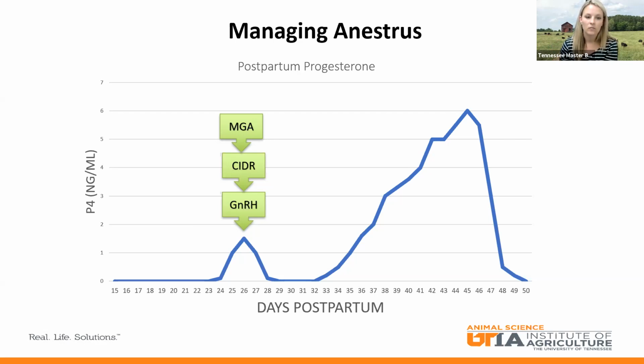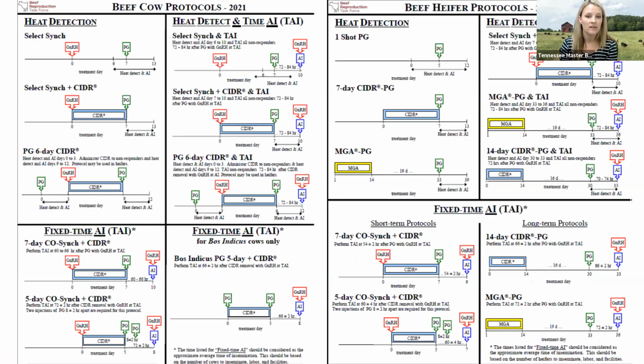So realizing the cycles, the postpartum anestrus, and then knowing that you have tools available to help manage that and help get to the calving distribution that we think of. And I wanted to point this out. These are just some AI protocols out of a Select Sires book.